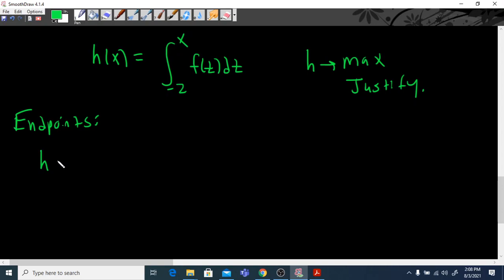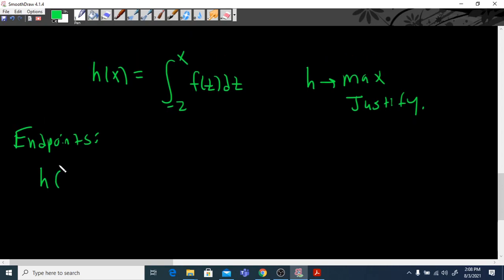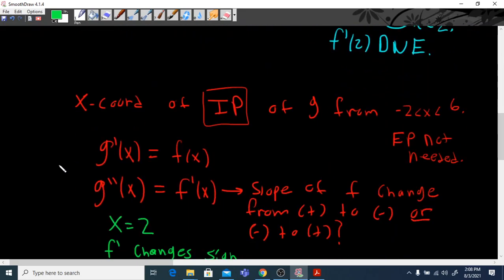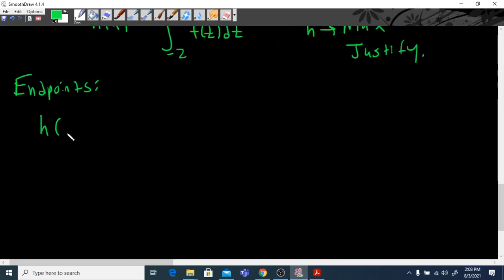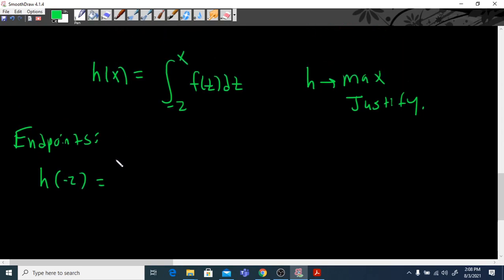Okay, so h at -2 is going to be the integral from -2 to -2 of f of t dt.